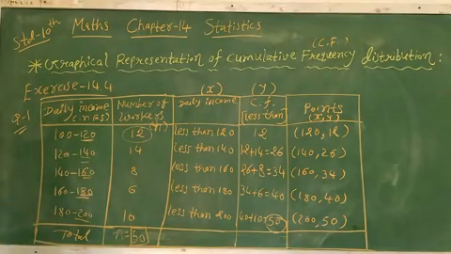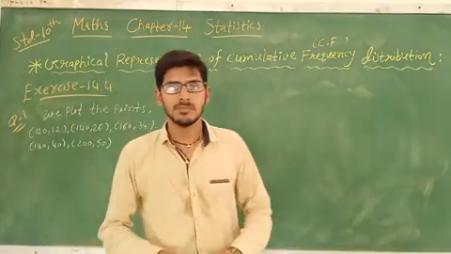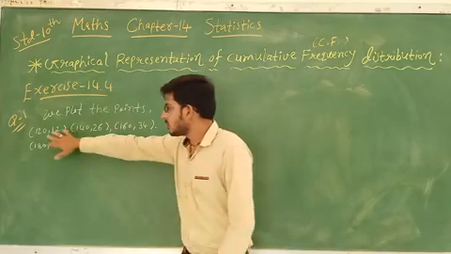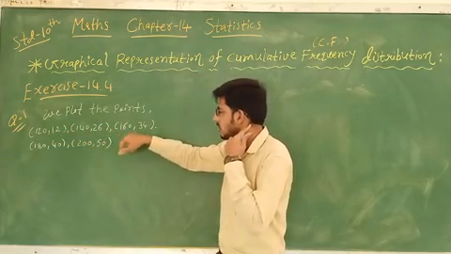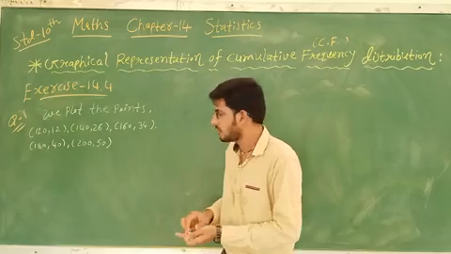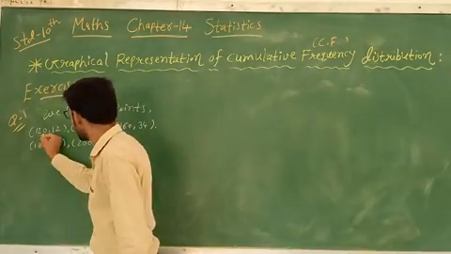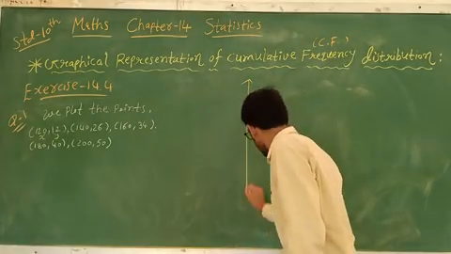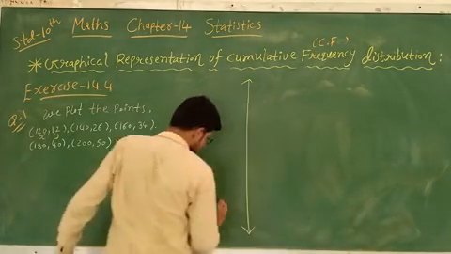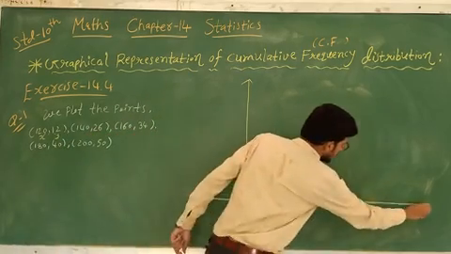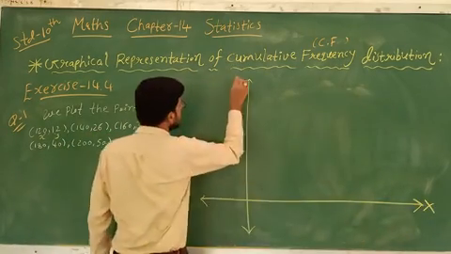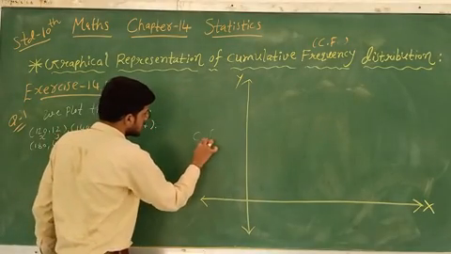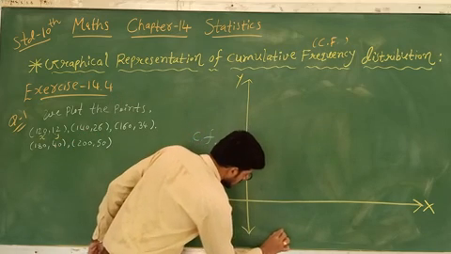First of all, note down this one. Next we plot the points from our table: 120, 12; 140, 26; 160, 34; 180, 40; and 200, 50. It gives x coordinate and y coordinate. So we will draw a graph with x-axis and y-axis. Here y is cumulative frequency, and on the x-axis we write the upper limit.